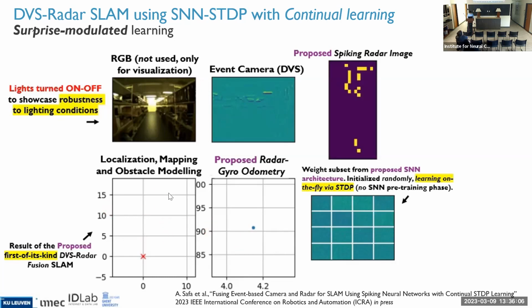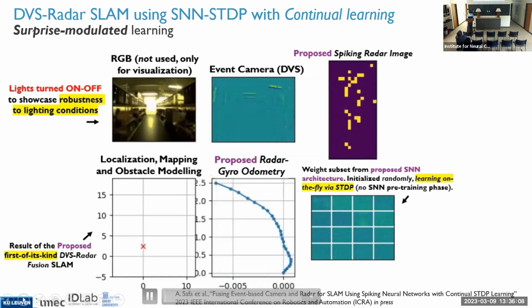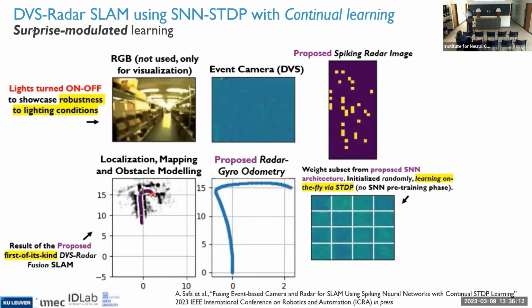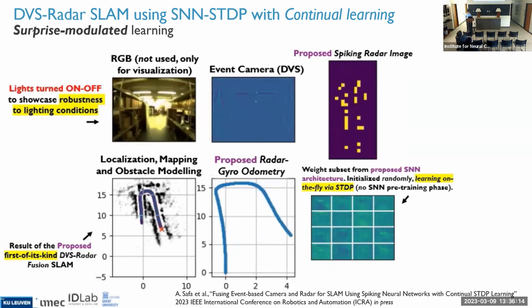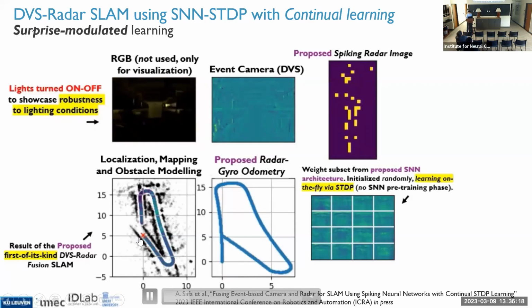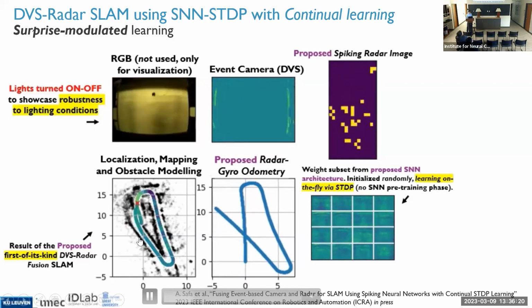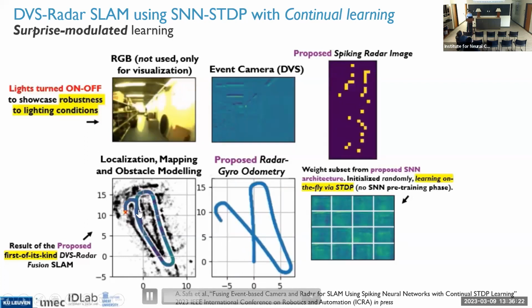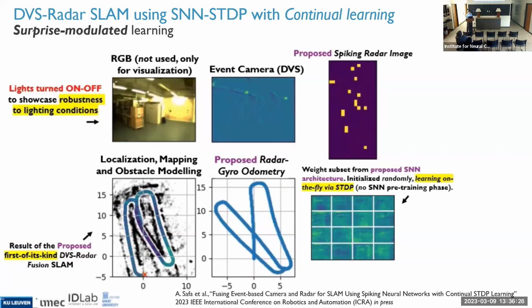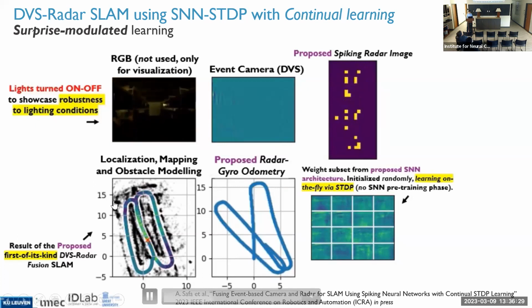So let me play that video for you. And you can indeed see the results. You need first to see that the path is not perfectly parallel, but as soon as a loop closure is detected, it starts correcting that. It starts correcting also the wall and the black dots here.